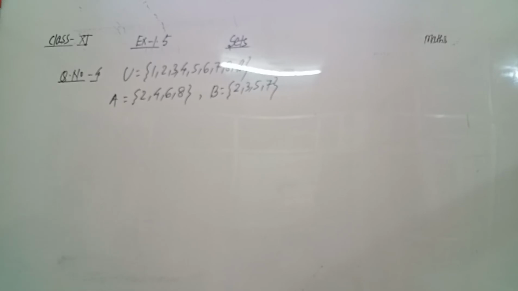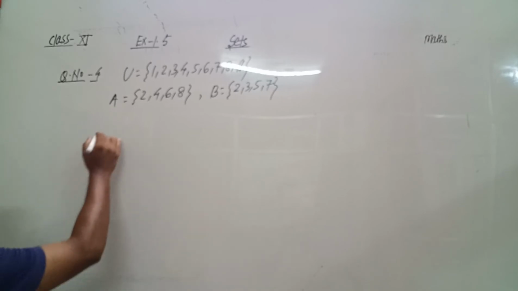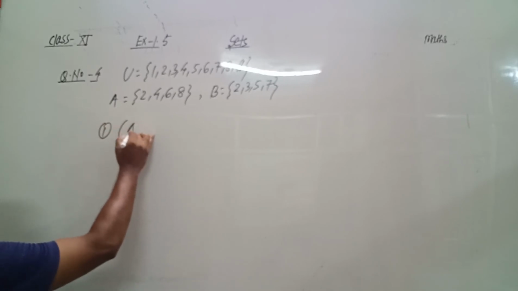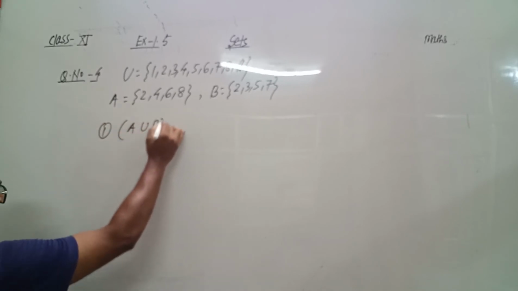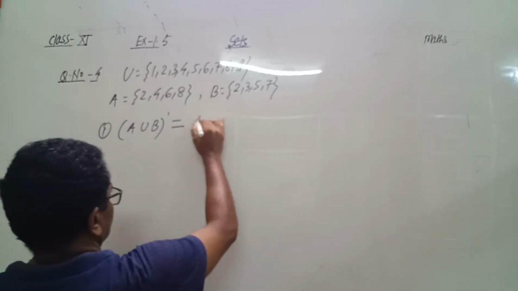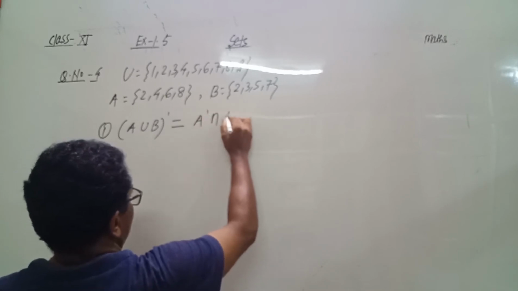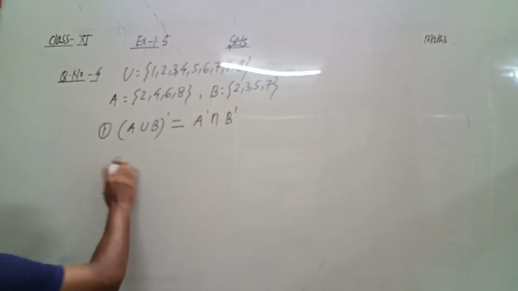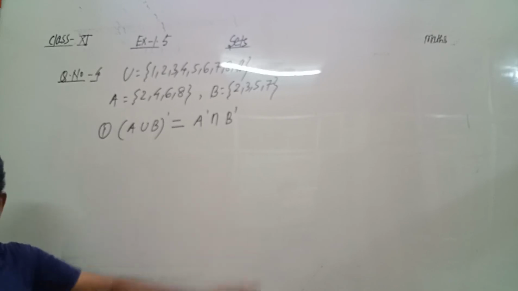Then we have to verify that (A union B) dash is equal to A dash intersection B dash. So we have to prove that LHS is equal to RHS.